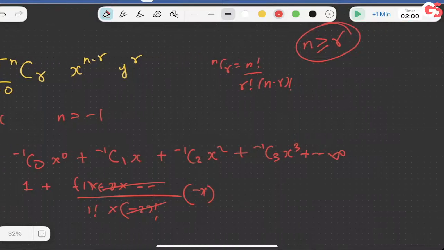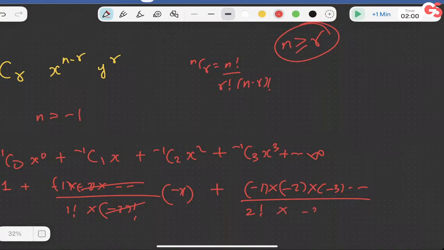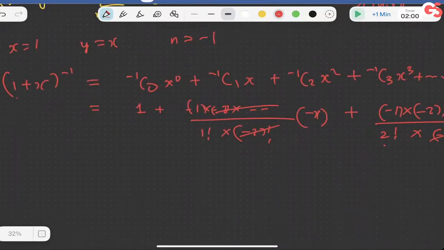Minus 1 C2: it'll be minus 1 into minus 2 into minus 3 and so on, upon factorial 2 into factorial minus 3. All this gets cancelled out. The 2 cancels completely and it becomes plus. So basically what you will get here is 1 minus x plus x square minus x cube and so on till infinity.